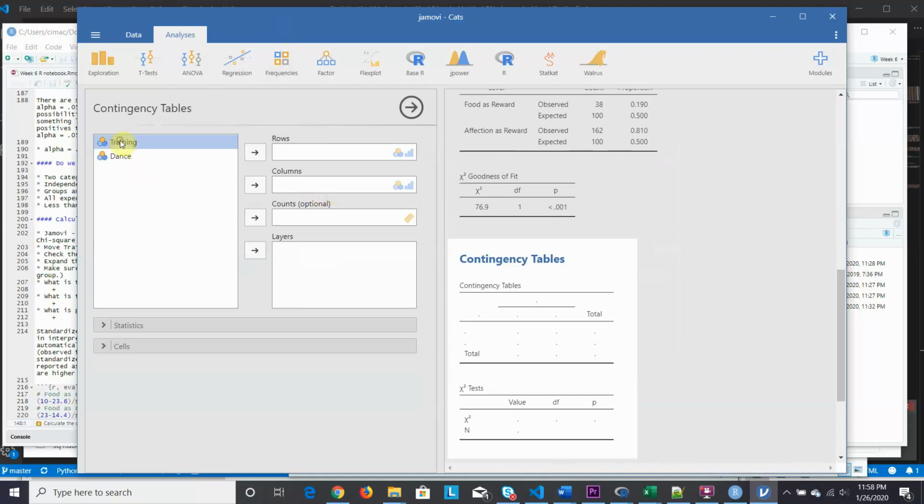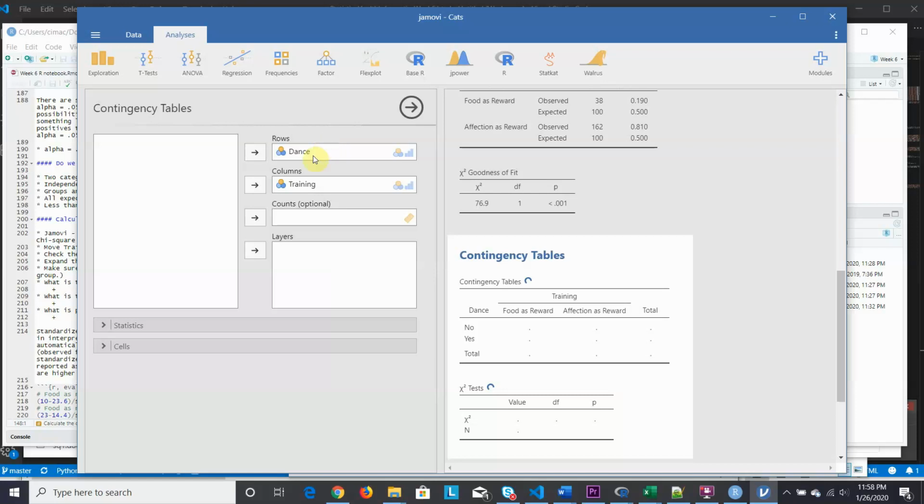We're going to put training in the columns and dance in the rows, and those are pretty much interchangeable. But if I am doing something where I'm manipulating one variable and then seeing an outcome, I like to put, oh, I think I did that backwards from what I wanted to do.